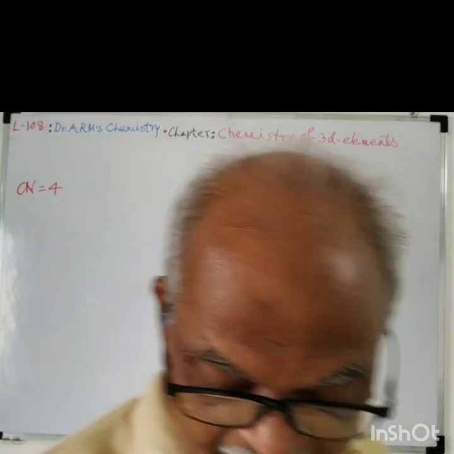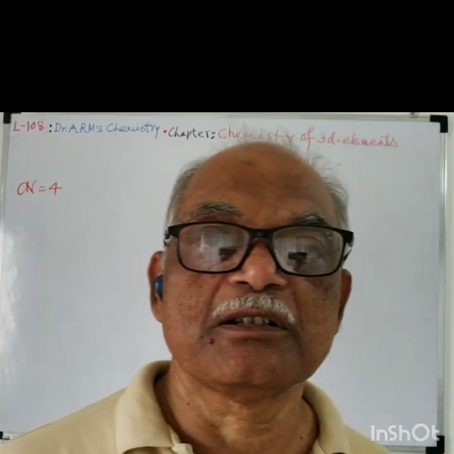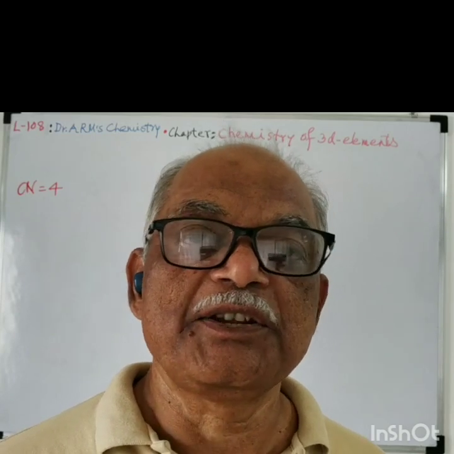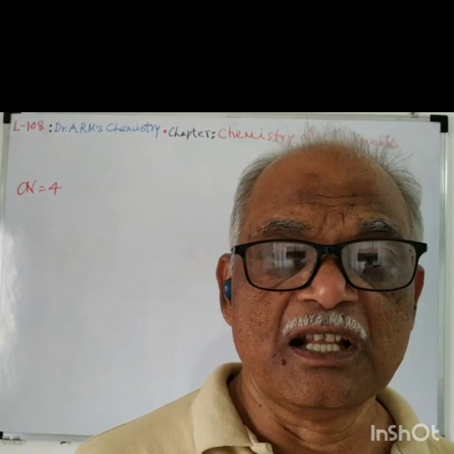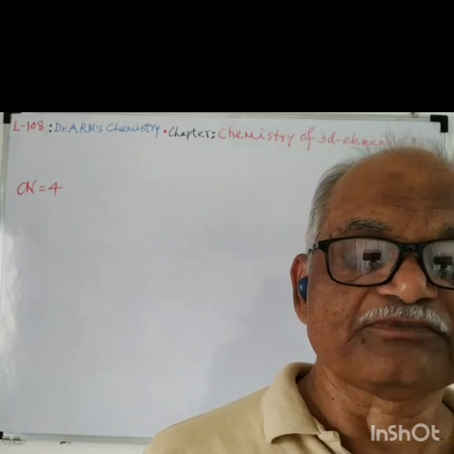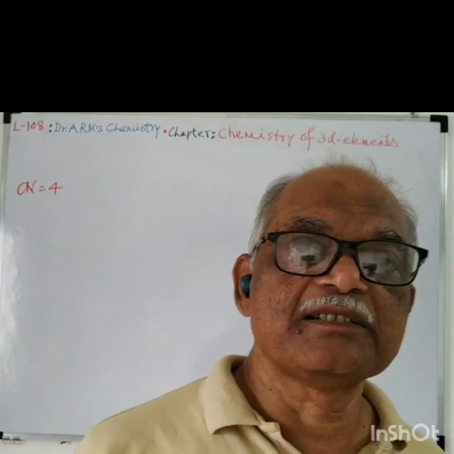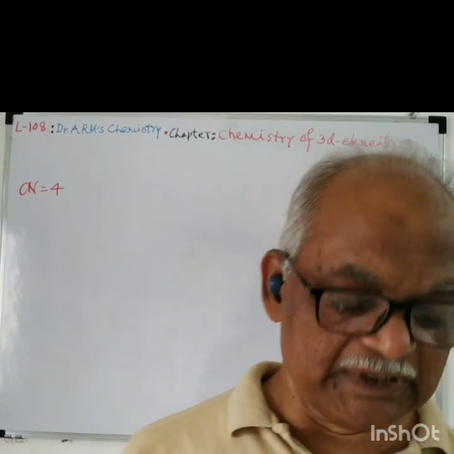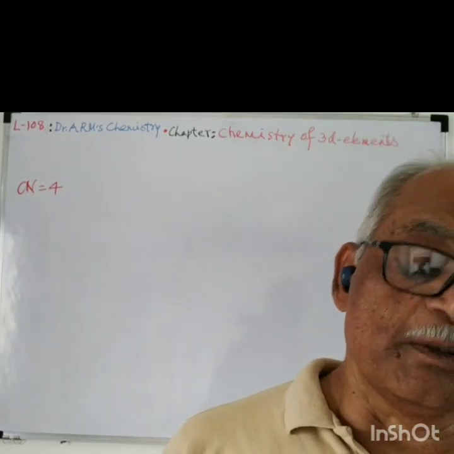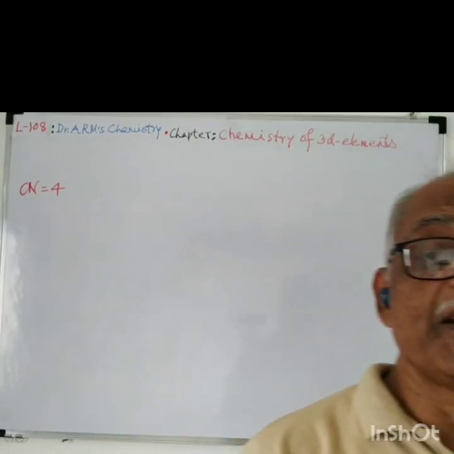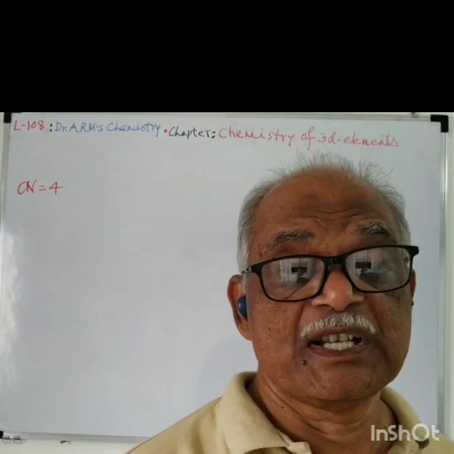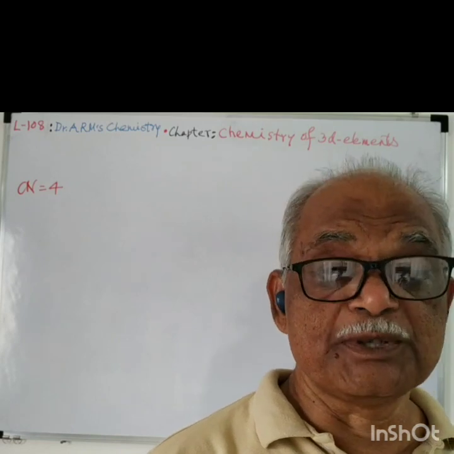If we take the coordination number 4, it is observed that this coordination number is very common. It exists in a large variety of complexes with different d configurations, from d0 to d10.